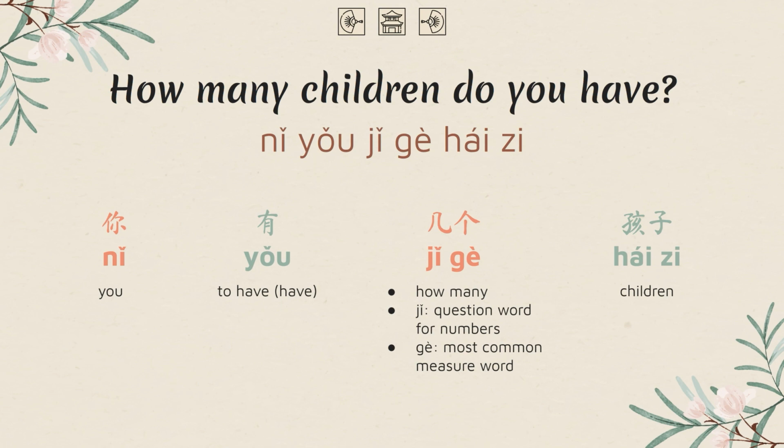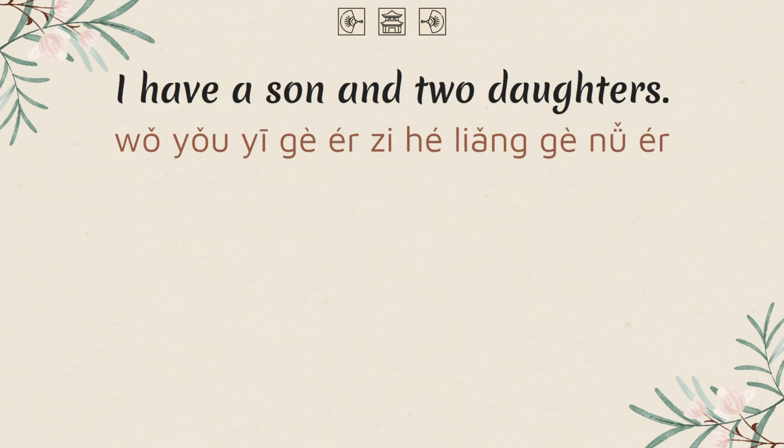So I have a son and 2 daughters, and the way you say it in Mandarin is 我有一个儿子和2个女儿. One more time. 我有一个儿子和2个女儿. 我有 means I have 一个儿子.